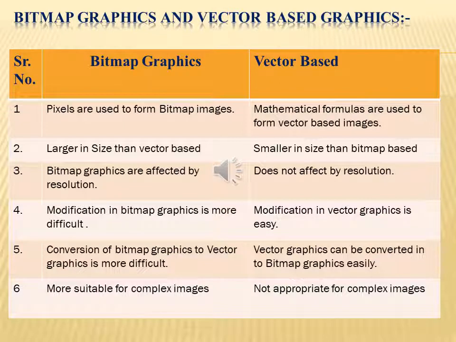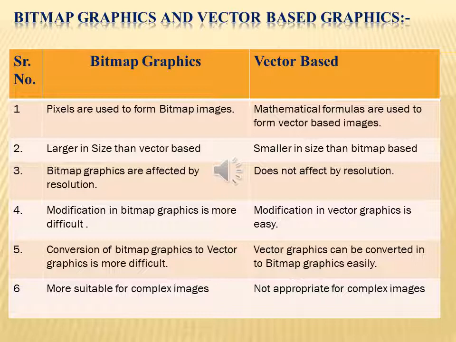Now let's see the next topic, bitmap graphics and vector based graphics. The differences between bitmap graphics and vector based graphics are explained here. First, in bitmap graphics, pixels are used to form bitmap images, and in vector based, mathematical formulas are used to form vector images.